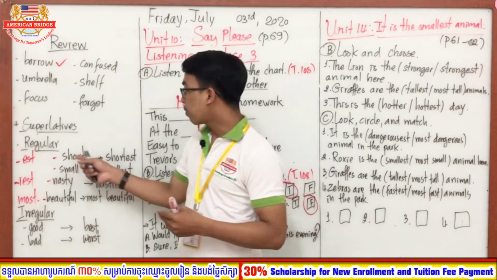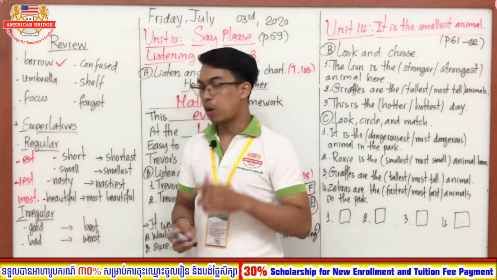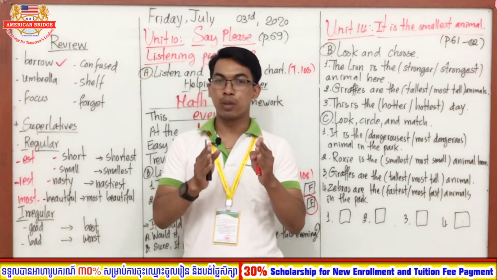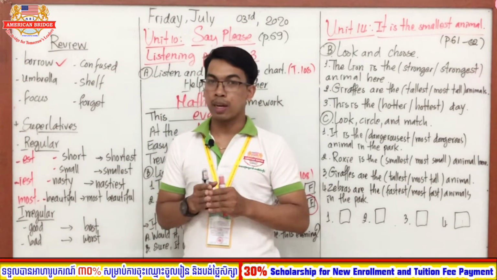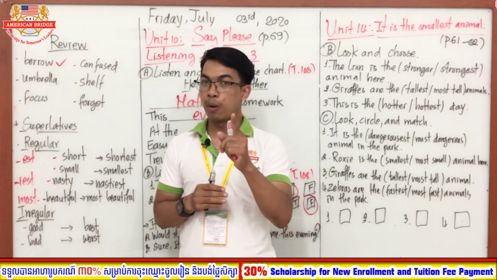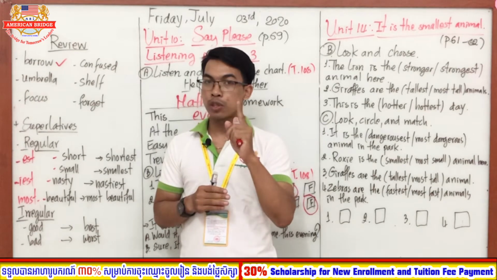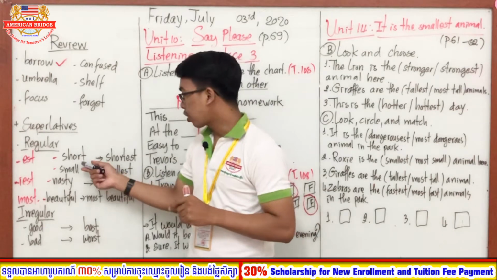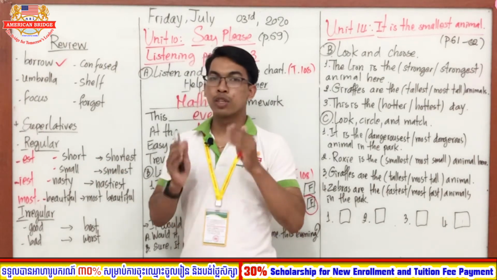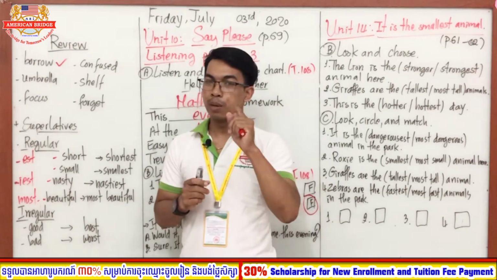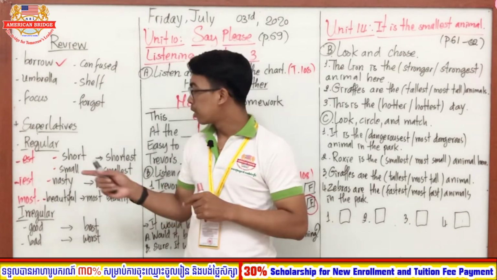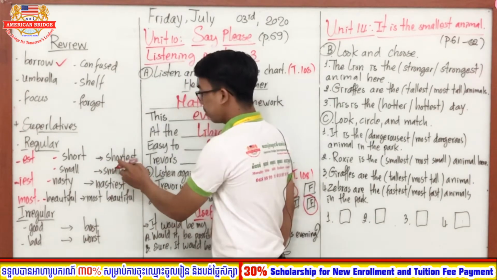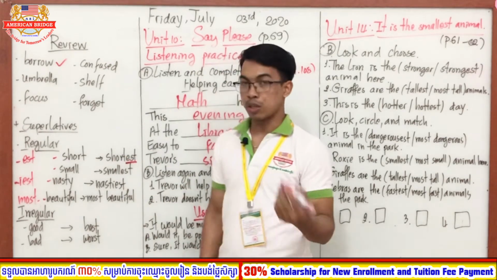In regular, the first one is est. We add est to the last letter of an adjective that has only one syllable, or we can say short adjectives, like the word short. Only one syllable, so we just add est to the last letter. It becomes shortest.